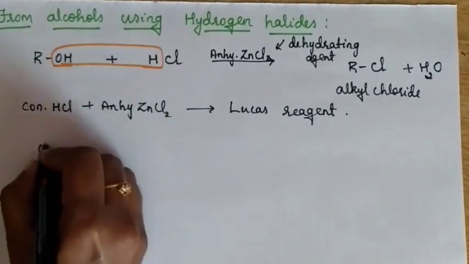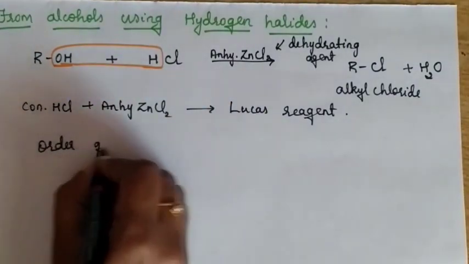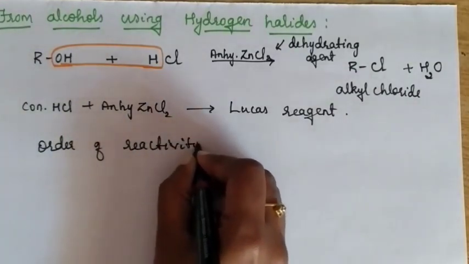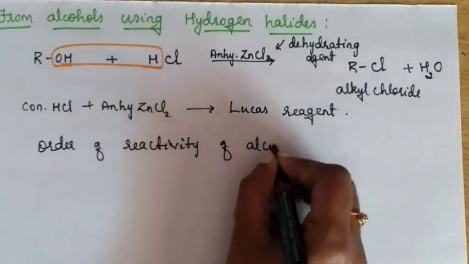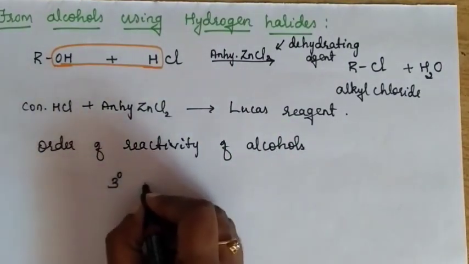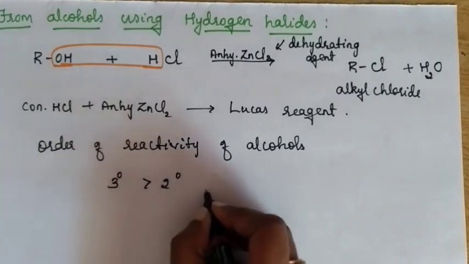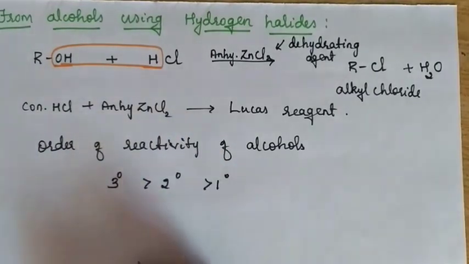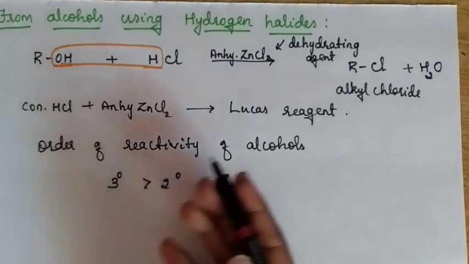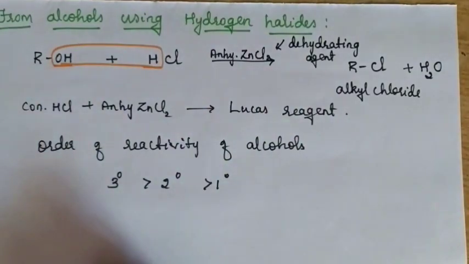Now the order of reactivity of alcohols in this process is tertiary greater than secondary greater than primary. That means tertiary alcohols will easily undergo this reaction to form the products.